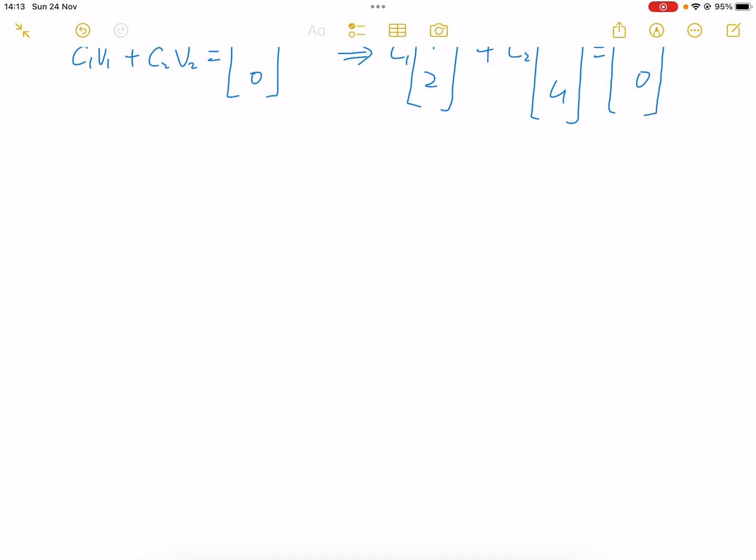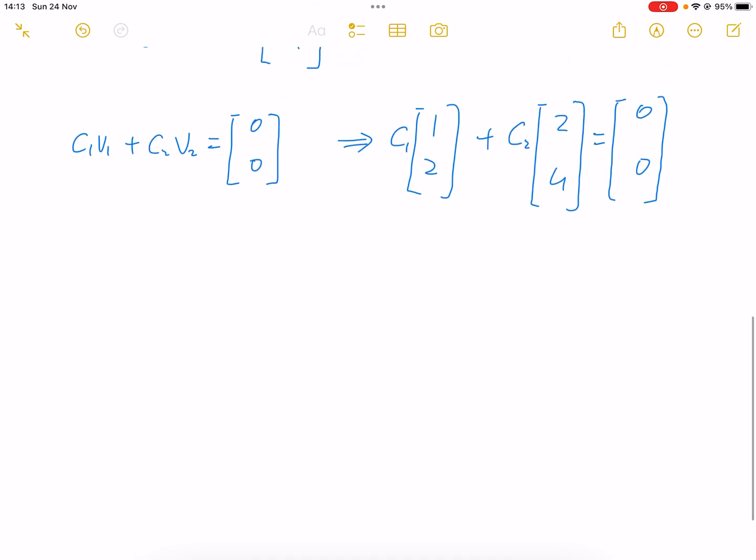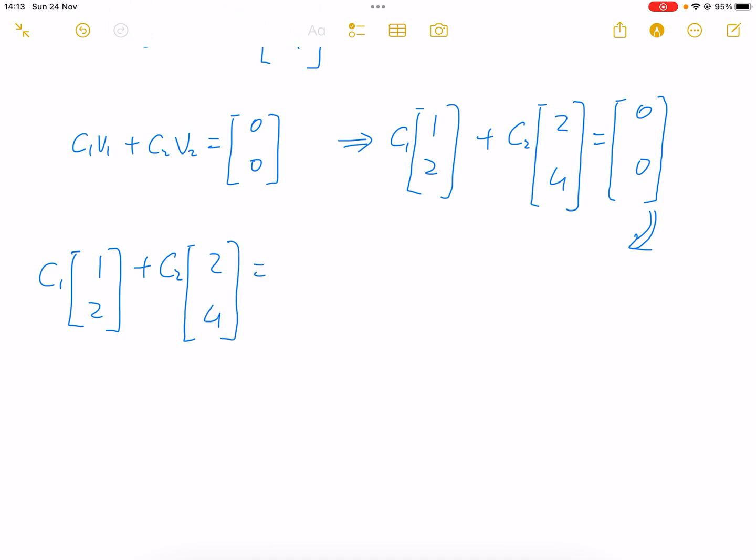Now let's write this out. We have C1 (1, 2) plus C2 (2, 4) equals (C1 plus 2C2, 2C1 plus 4C2) equals (0, 0).